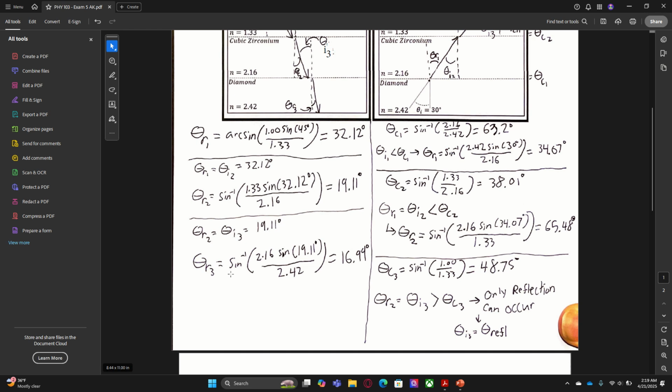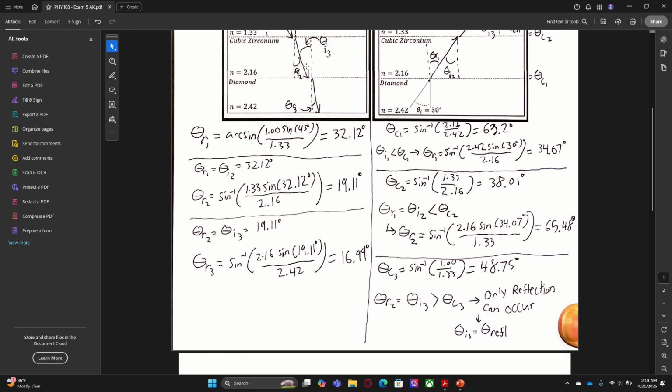So theta R3 will be arc sine of the current refractive index, 2.16, times sine of 19.11 degrees, divided by the oncoming refractive index, the next layer being 2.42. And all this will end up equaling 16.99 degrees.